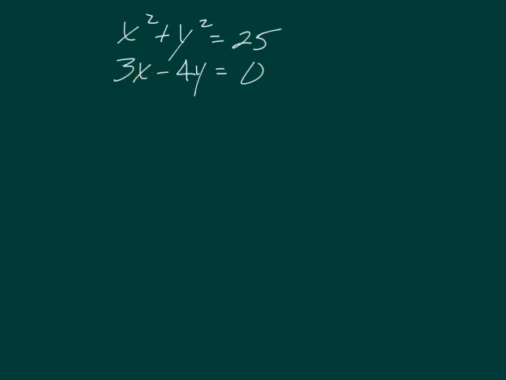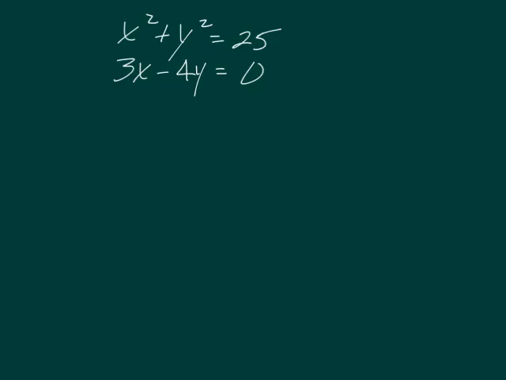Let's say we multiplied everything by x. That would give me 3x squared, yes, but it also gives me 4xy equals 0. And now I'm trying to combine it with this here. Well, this xy does not combine with that at all, and we end up having a mess. So let's go ahead and use substitution, and that will make life a little bit more pleasant.